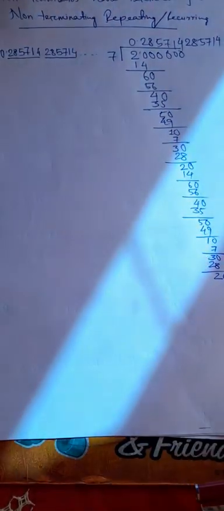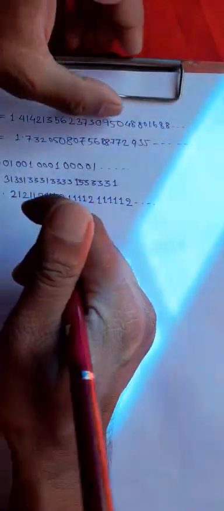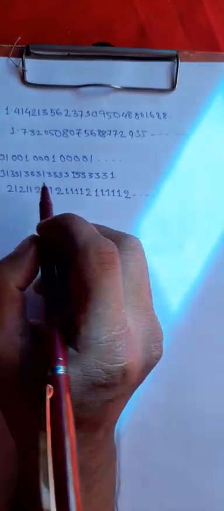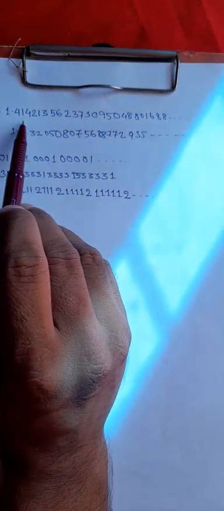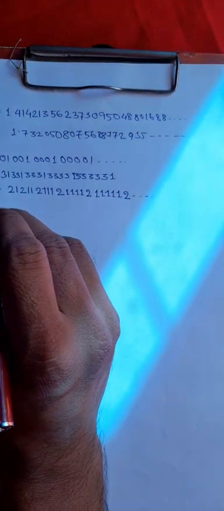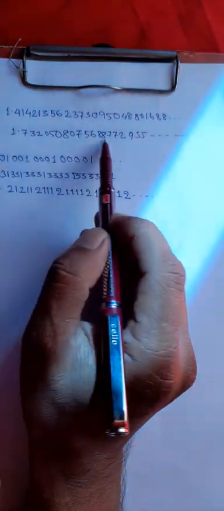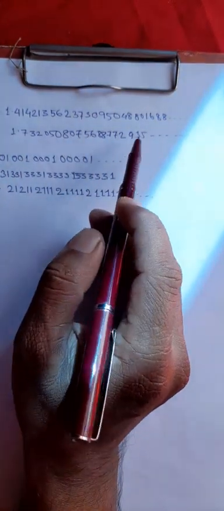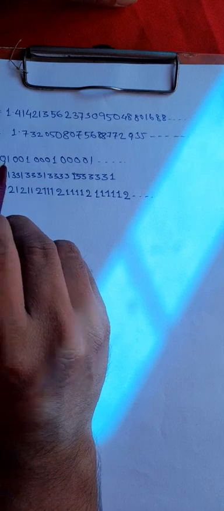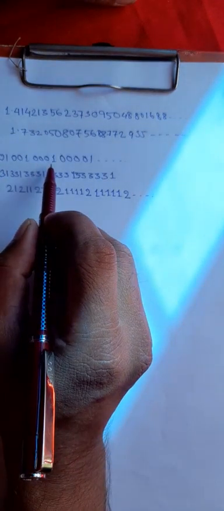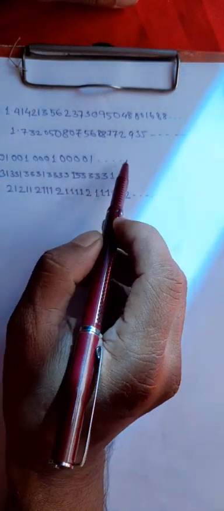Now think about a group of numbers, say for example decimal expansion of square root of 2. You see, decimal expansion of square root of 2 is like this. It is not repeating. Similarly decimal expansion of square root of 3, this is not repeating or recurring, and it is not even terminating. Similarly this number 1.01, dot dot dot.